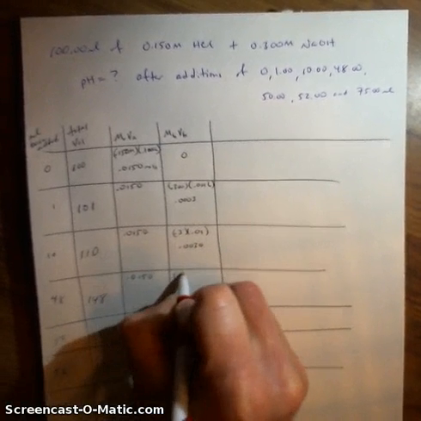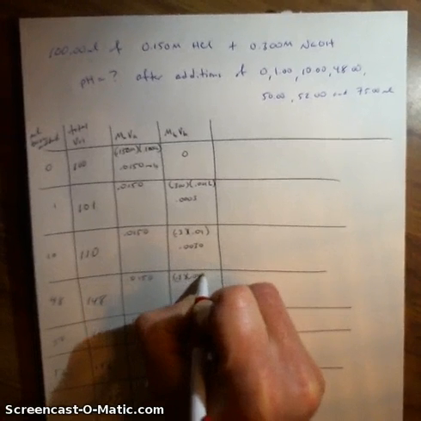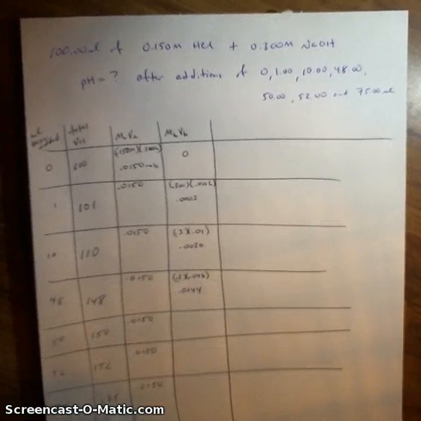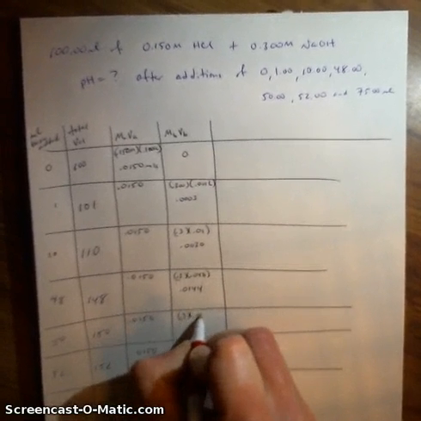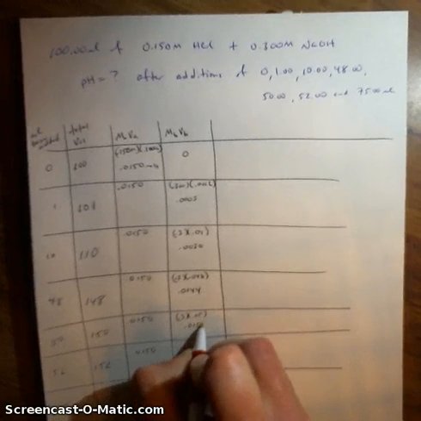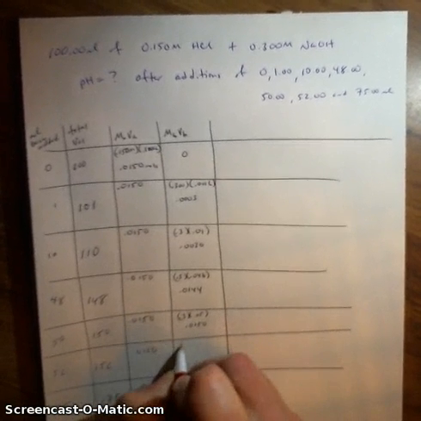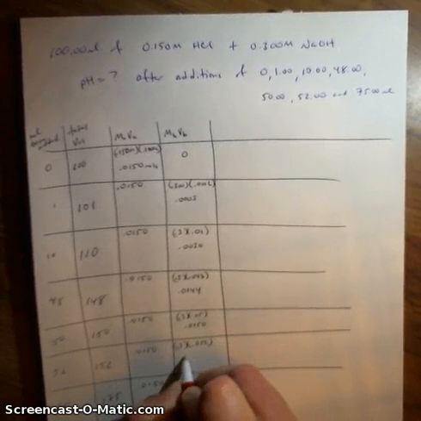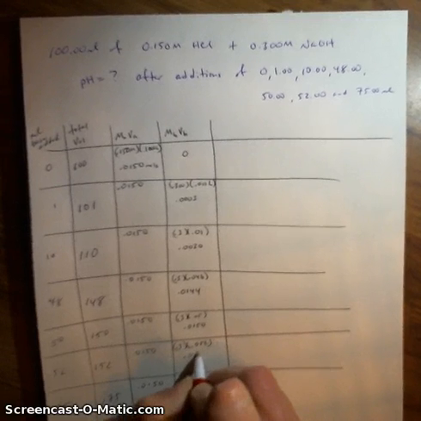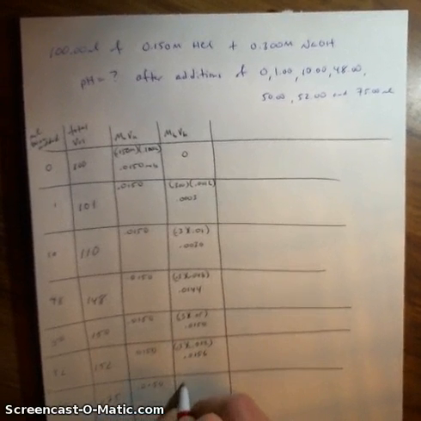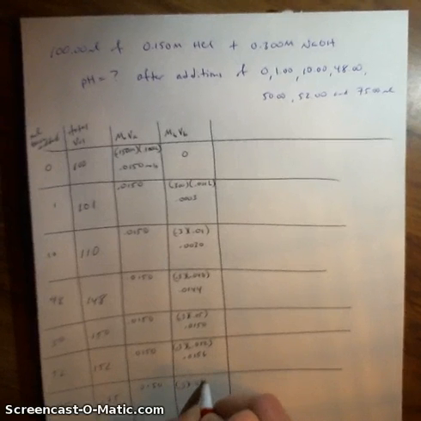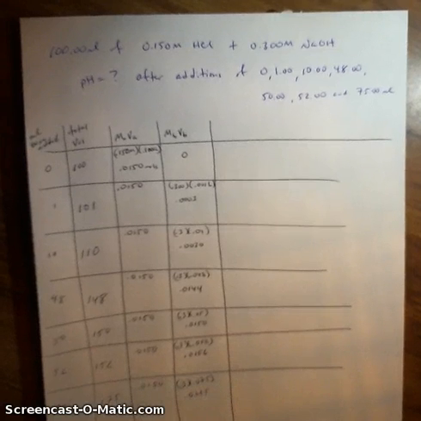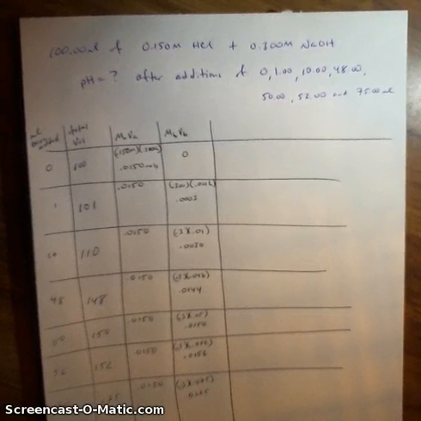Same logic, 0.3 times 0.048, which is going to give me 0.0144. 0.3 times 0.05 is going to give me 0.0150. 0.3 times 0.052 is going to give me 0.0156, and 0.3 times 0.075 is going to give me 0.0225.